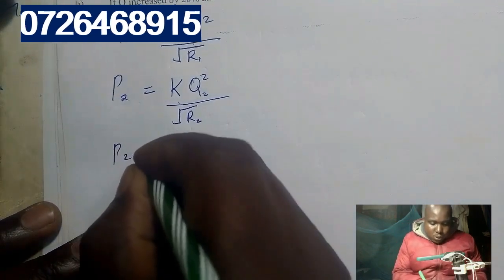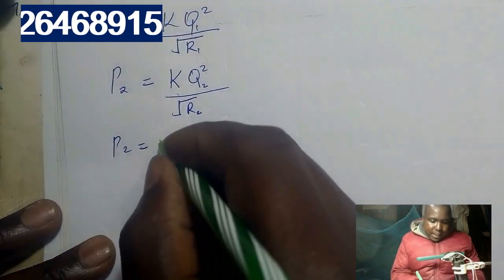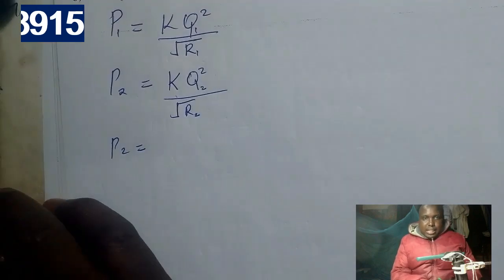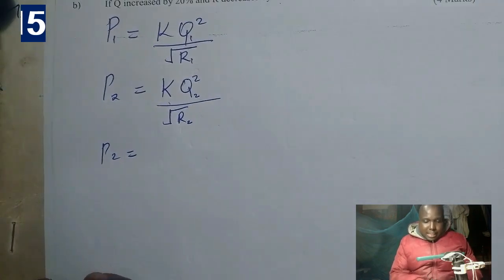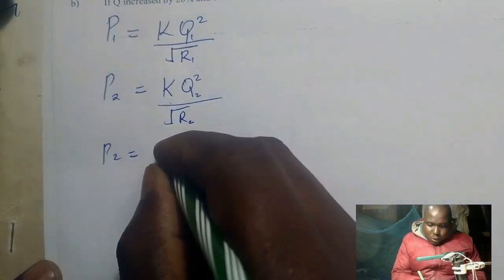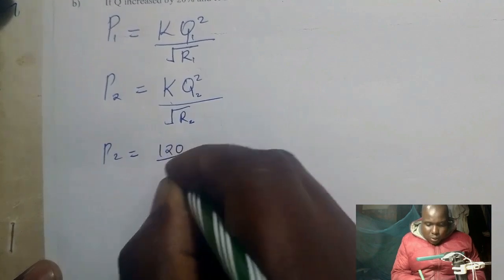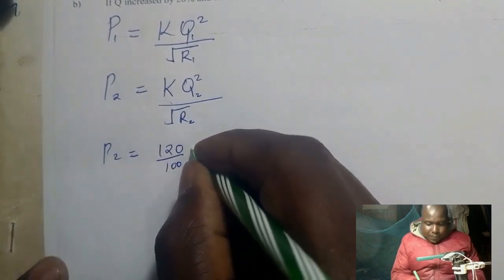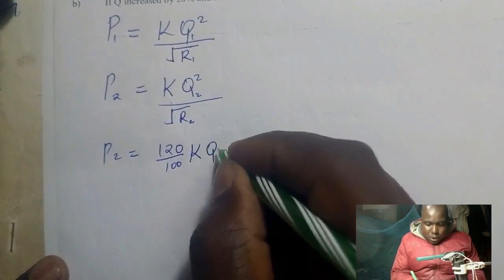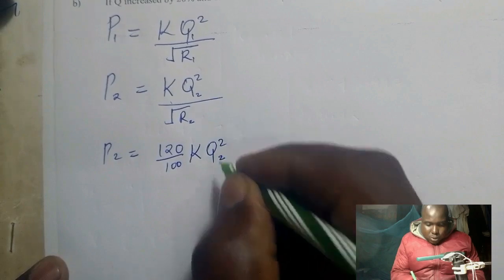Now let us increase. So P2 is going to be, when you increase Q by 20, initially it is 100%, so it is going to be now 120. So we are going to have 120 over 100 K Q2 squared.